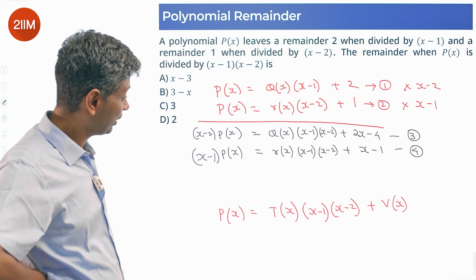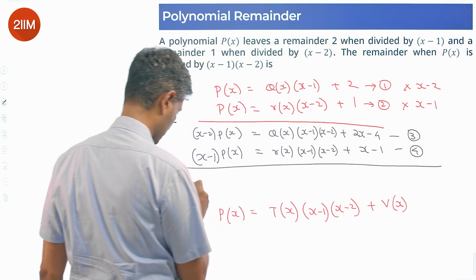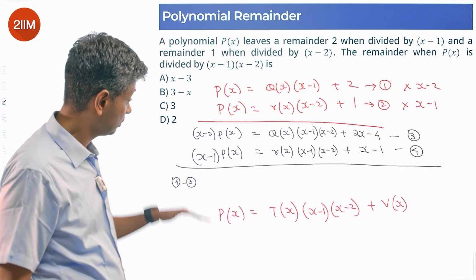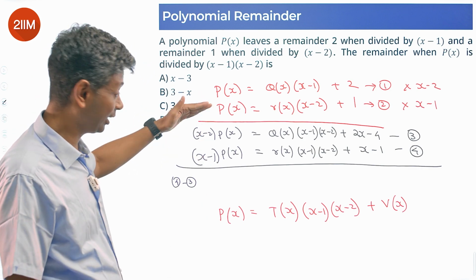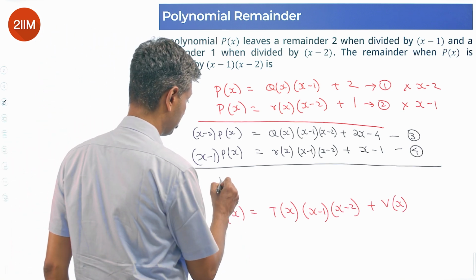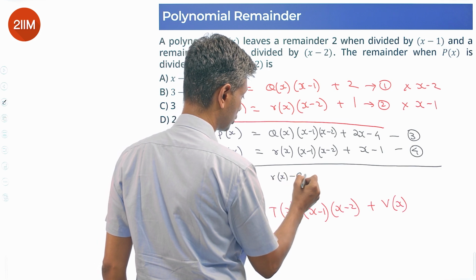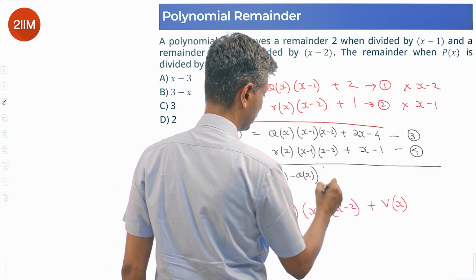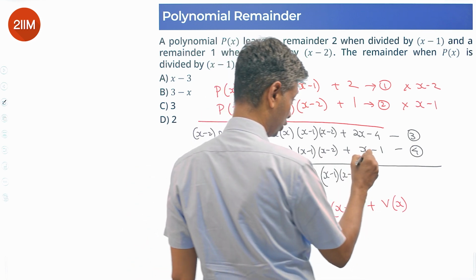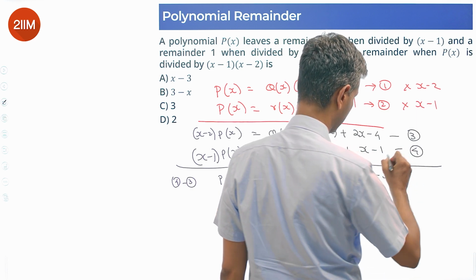Right? But if I subtract one from the other, equation 4 minus equation 3, from this I subtract this, because this is x minus 1, that is x minus 2. From x minus 1 I subtract x minus 2, I'll get p of x equals r of x minus q of x times x minus 1 into x minus 2 plus x minus 1 minus 2x plus 4 minus x plus 3.